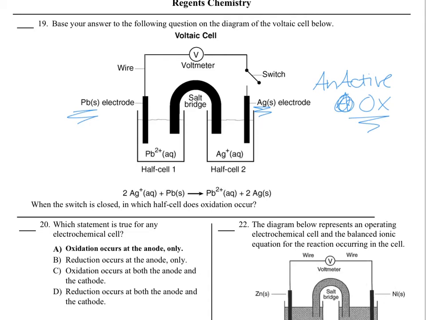So in this case, it looks like Pb is more active than silver. So that means this one is going to be the anode, and oxidation will occur in half cell number 1.